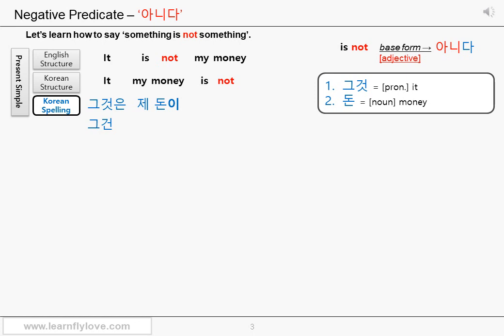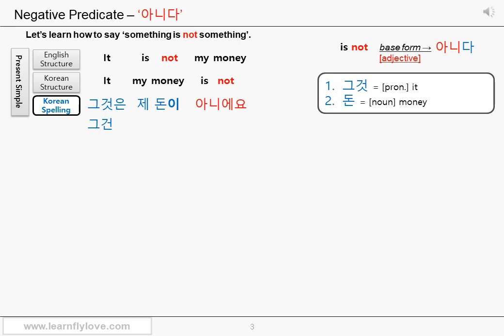The base form of the predicate you use to express is not is 아니다. Again, the predicate which has the opposite meaning to 이다 is 아니다. The stem is 아니. So it is supposed to become 아니어요.